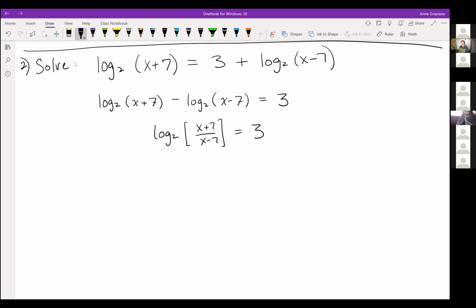Okay, did you guys get this? Get the logs on one side, and then this one's a quotient, right? You should have subtraction, you bring it together as a fraction. Now, what's the next move?